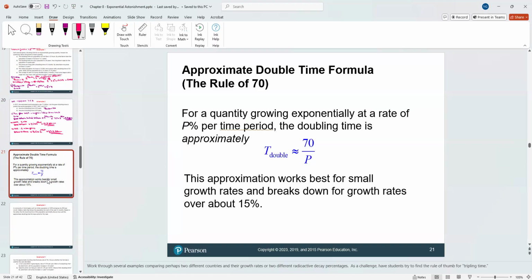It works whenever the growth rate is relatively small, less than 15%. We can use something to verify it. This approximation works best for small growth rates and breaks down for growth rates over about 15%. So this approximate doubling time all depends on the situation.